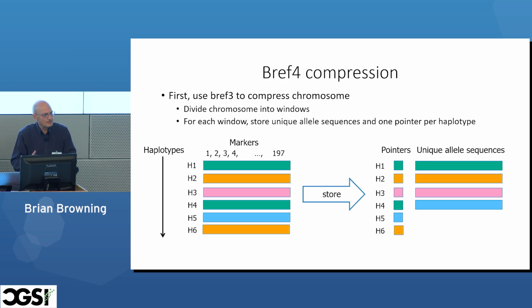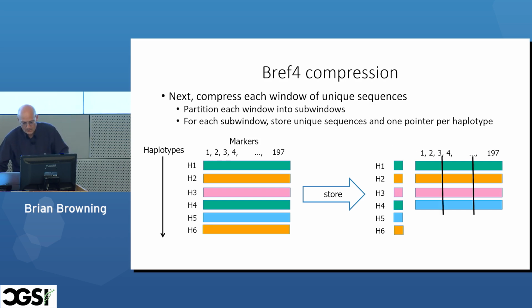But rather than stop here like those other methods do, you then repeat, sort of recurse. You have a window of unique haplotypes, and now you say, let's pretend this window is a whole chromosome. Let's pretend these unique haplotypes in the window are the haplotypes I need to compress, and you just repeat the compression.